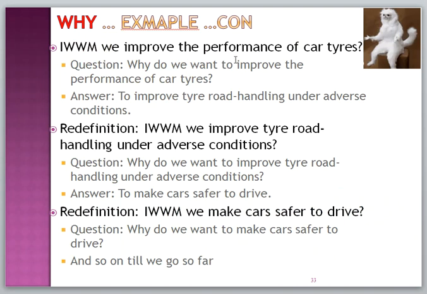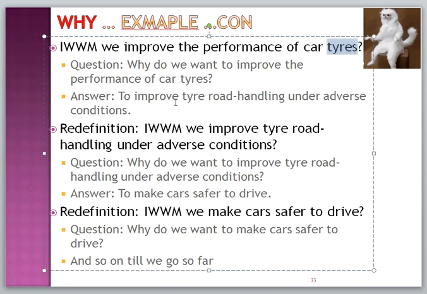This is an example. We have an automobile company that is trying to answer, in what way might we improve performance of car tires? They ask questions. Why do we want to improve car tires? The first answer was road handling. So why do we want to enhance the road handling? Because we need to have a safer car.